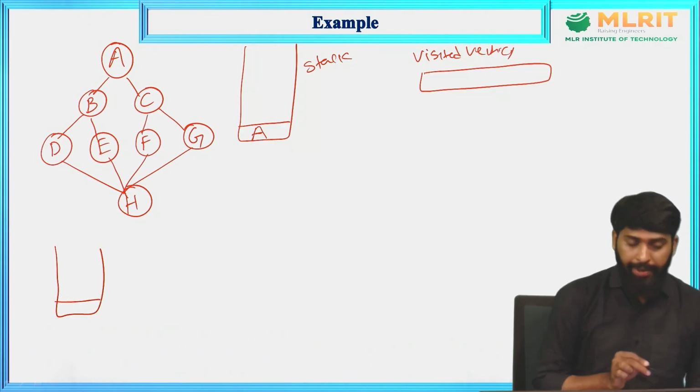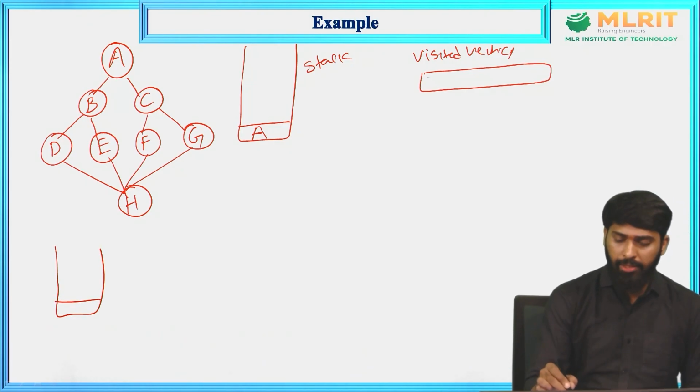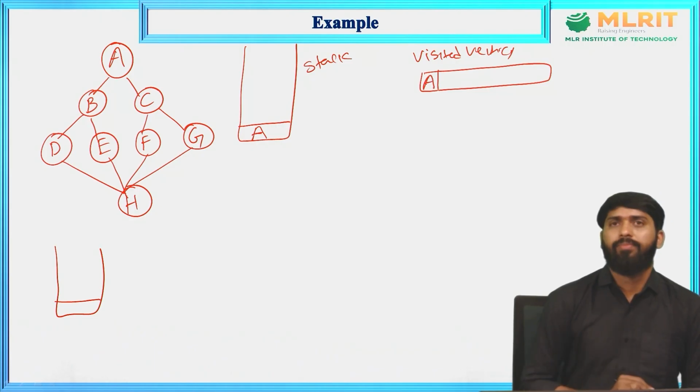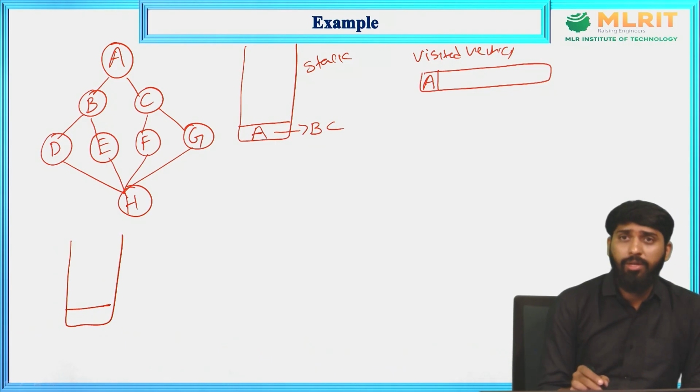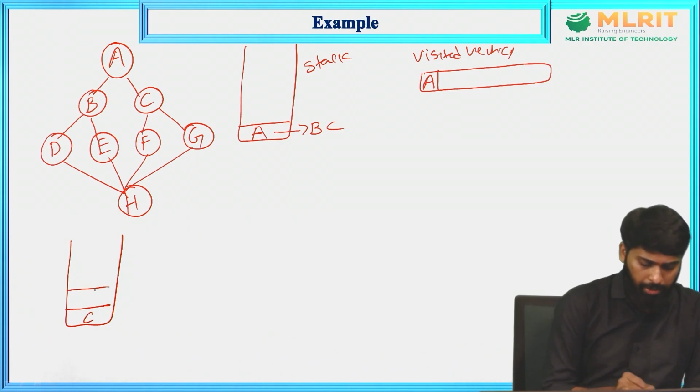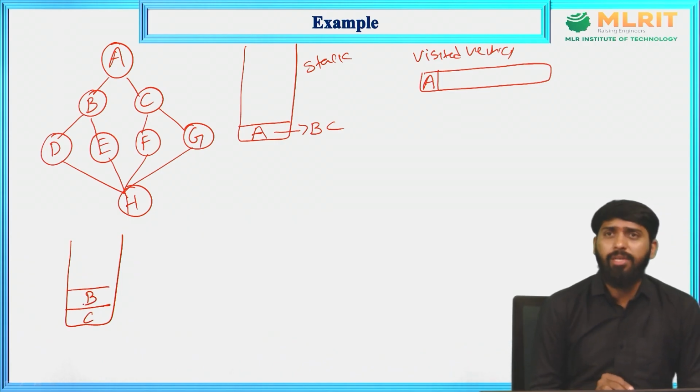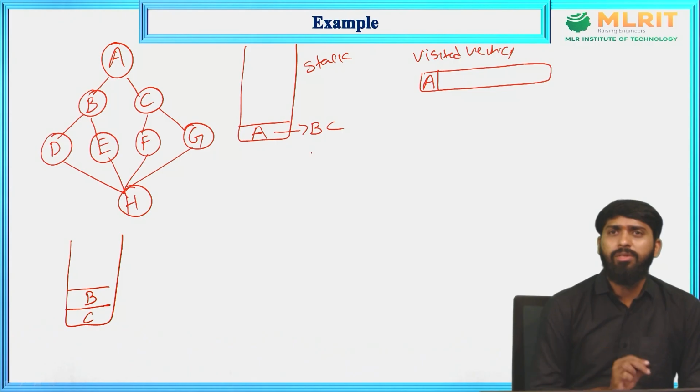So A is popped, and make this A visited. What are the adjacent vertices of A? B, C. Insert C, B. Insert adjacent vertices into the stack. Now again pop.